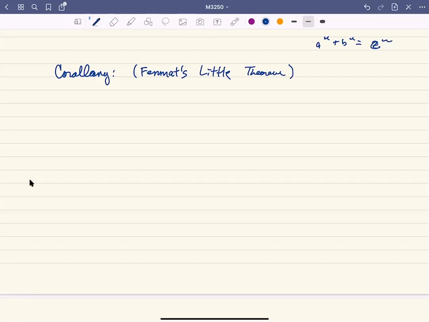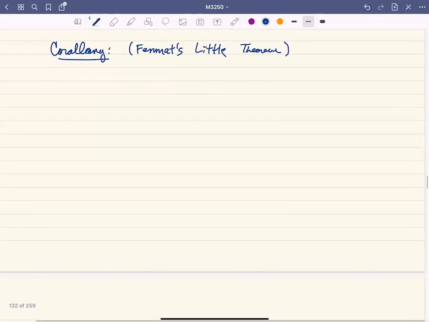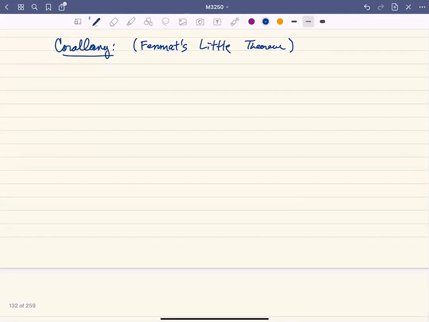This is a pretty famous result that there's no solutions to this when n is bigger than 2. Of course, there's infinitely many Pythagorean triples, but there's no non-trivial solutions when n is 3 or higher, except, of course, if one of them is 0, ignoring all the dumb solutions. Anyways, this is called Fermat's little theorem to distinguish from that other result.